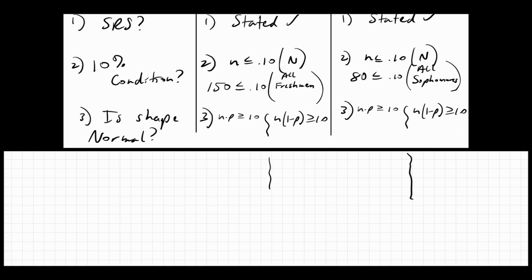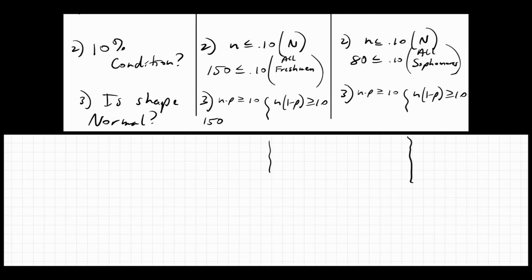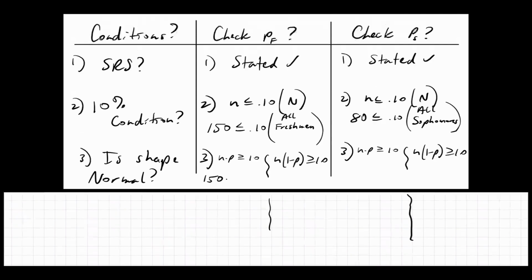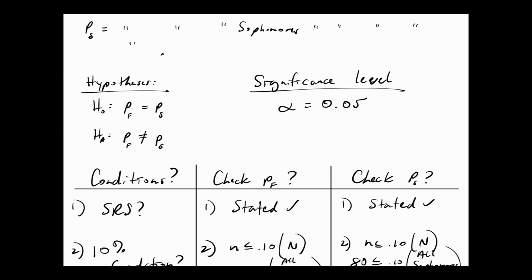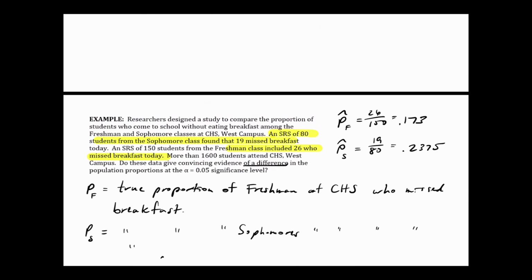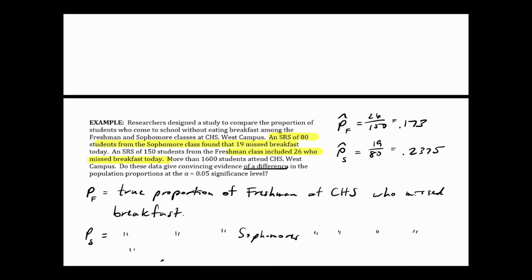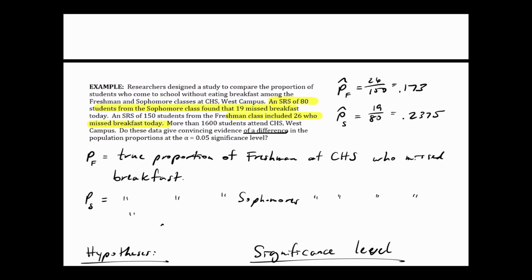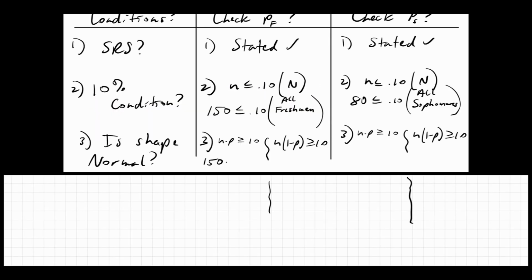Okay, so n in this case for freshmen was 150, times p. We're going to use p hat for that one, so 0.173.